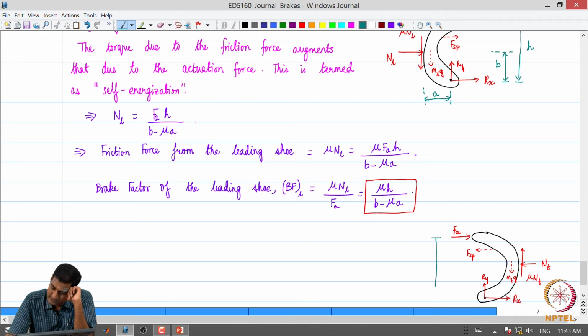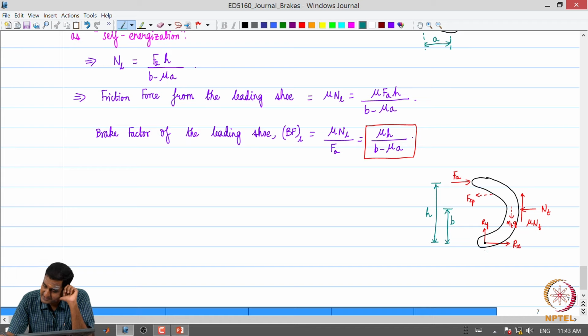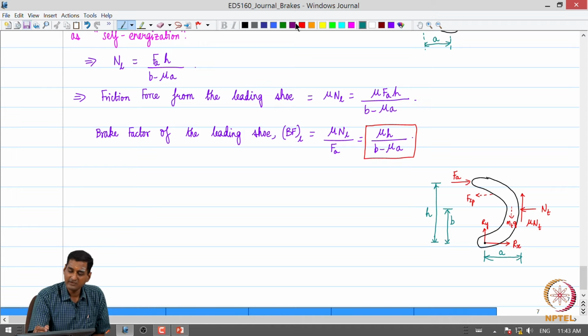So, this is going to be h, this distance is what we call b, and this distance was a. Once again we assume the same scenario where the brake shoe has contacted, and we are drawing this free body diagram.